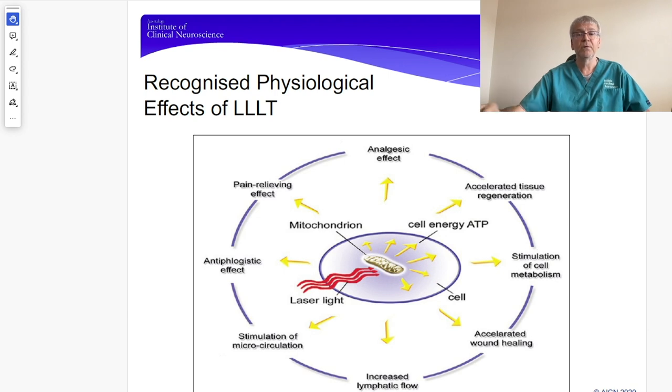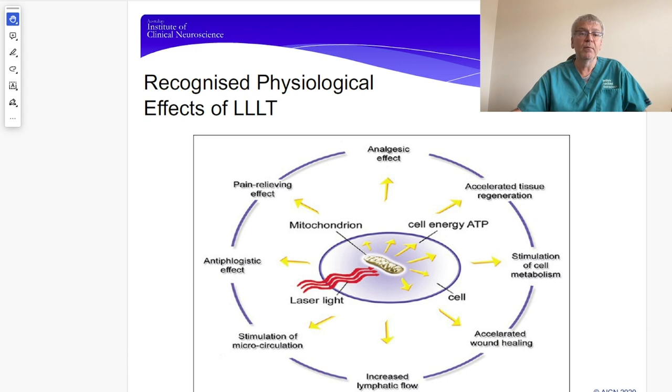Now, this is a rough summary of some of the effects that we know laser can have. We know that we can produce an analgesic, pain relieving effect.